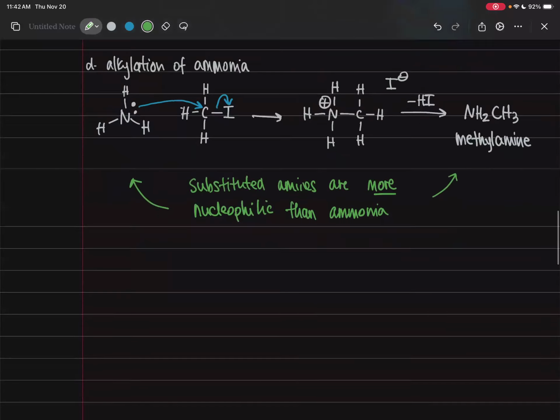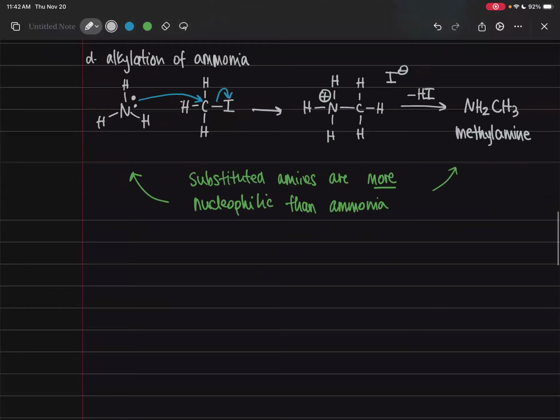So what actually ends up happening when you do this process, and I'm going to abbreviate it a little bit here. NH3 plus methyl iodide gives us methylamine, MeNH2. Same thing as NH2CH3. Methylamine is a better nucleophile than ammonia.